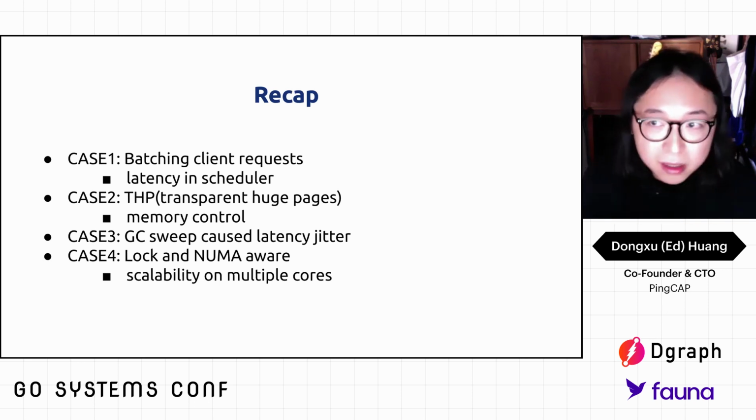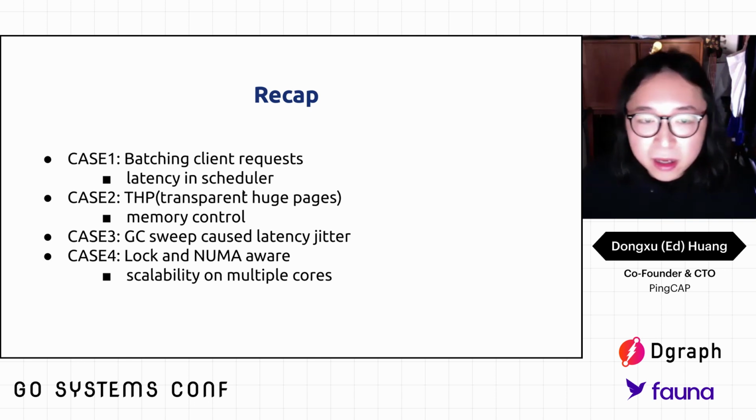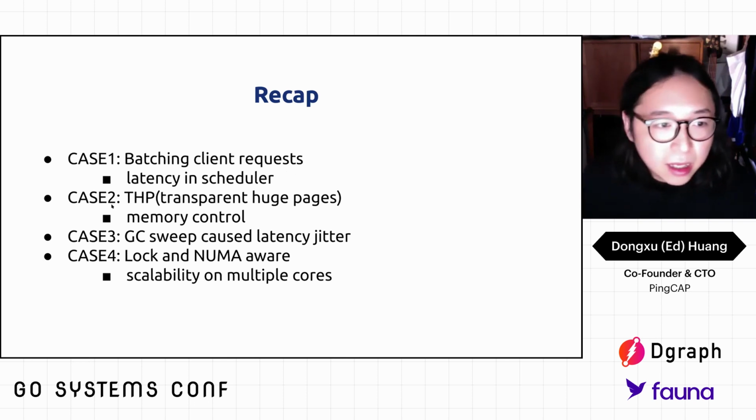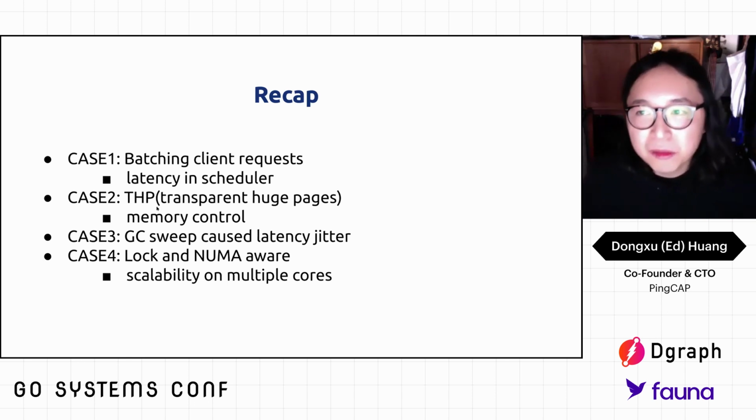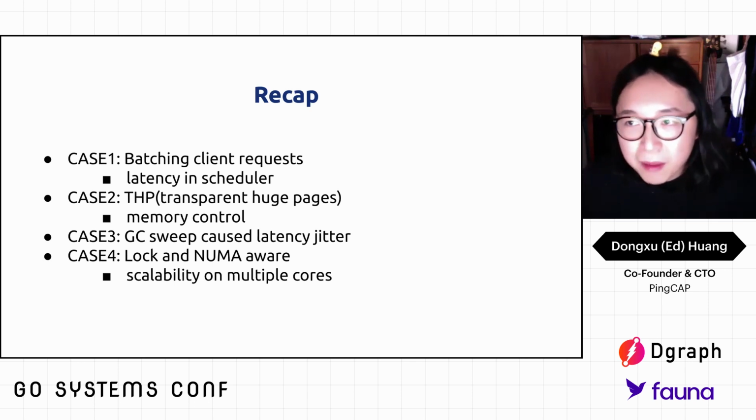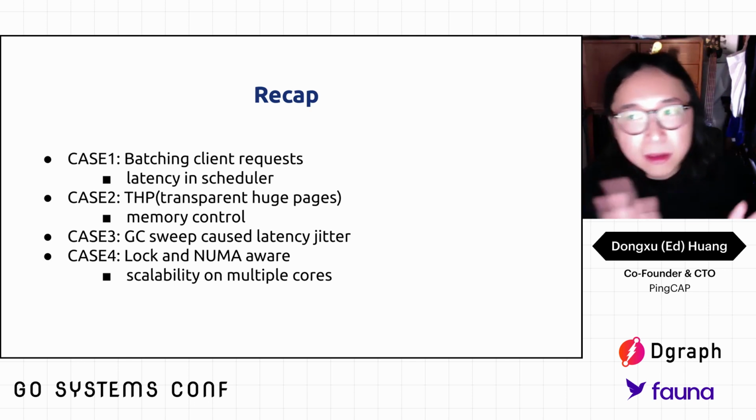So this is a quick recap. Case one is the latency in batching client requests. The root cause is the fair scheduling policy. Case two is to turn off your THP, because Go manages the memory by itself, not the OS.